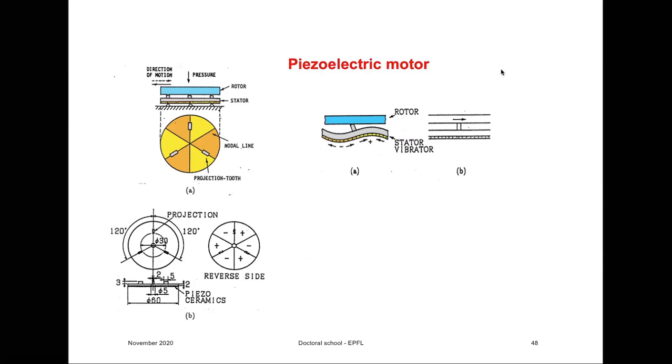One way to construct a piezoelectric motor is to take a piezoelectric disc and segment it into different electrodes, which would be periodically poled, so plus, minus, plus, minus, plus, minus. And then you put metal legs here, and then if you drive this so that this part extends and this one shrinks, that leg would bend, okay?